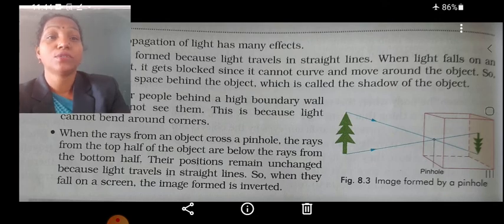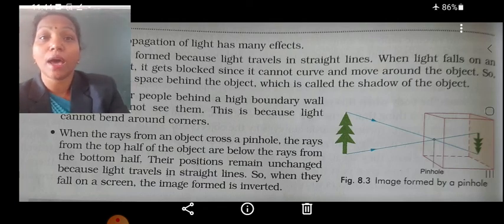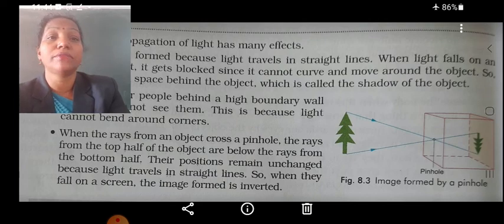When light falls on an object, it gets blocked since it cannot curve and move around the object. So a dark space behind the object, which is called the shadow of the object, is formed. Then we can hear people behind a high boundary wall, but we cannot see them. This is because light cannot bend around corners.